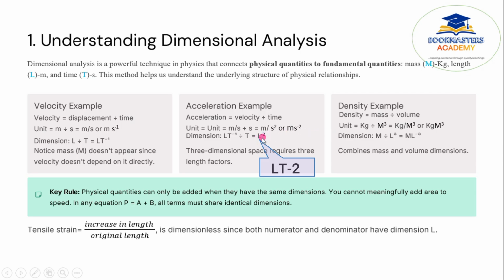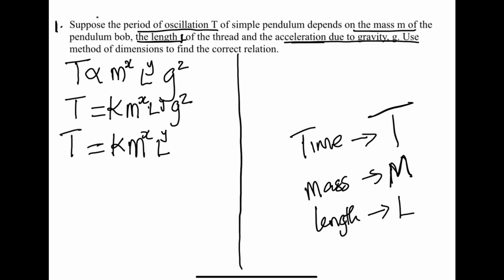So G is acceleration. It's simple, it's acceleration. I just went back so that we can see what acceleration is. So here we're treating G as acceleration, and that's what it is actually. Because if you come back to the question, you see acceleration due to gravity is G. So acceleration is the point of interest.